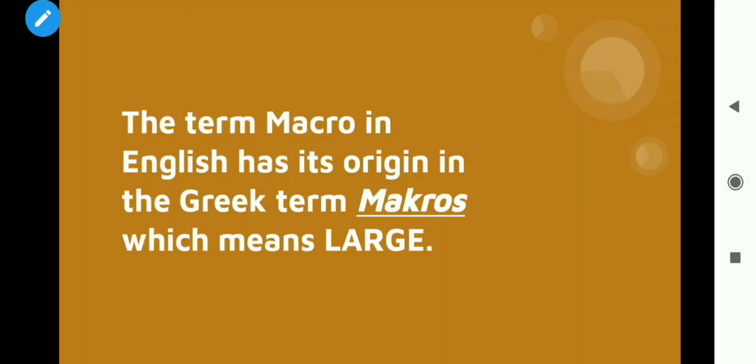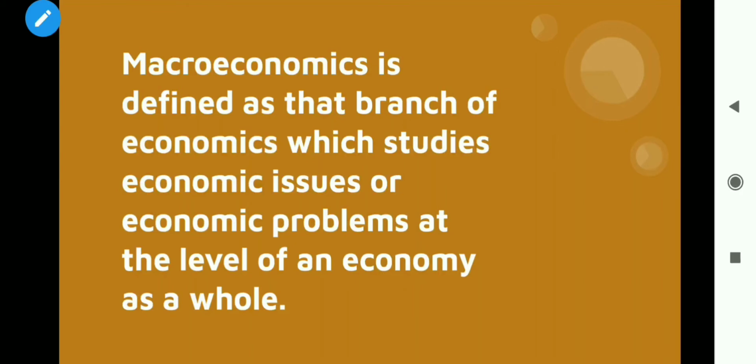Now, the term macro in English has its origin in the Greek term makros, which means large. We have known that in the last year. Micro is also derived from the Greek term, and it means small. So what does that mean? It means that in macroeconomics we are going to study the economy as a whole.